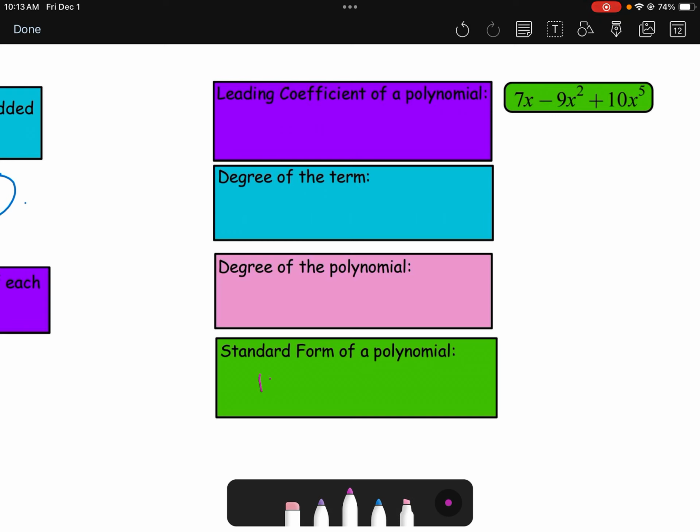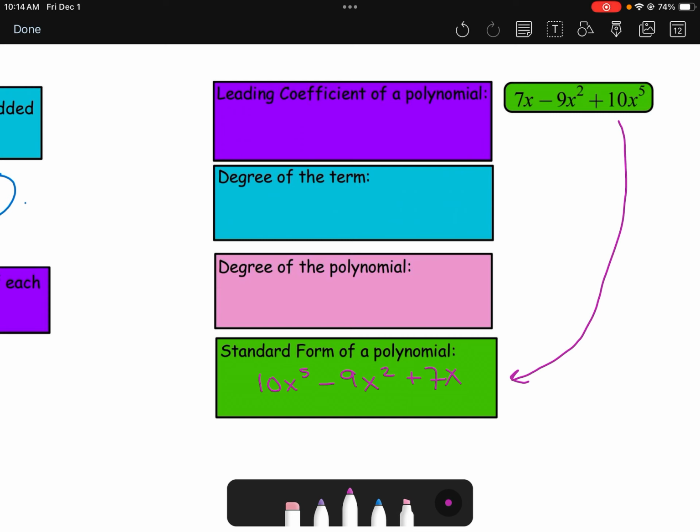So I would rewrite this as 10x to the fifth minus 9x squared plus 7x. All I did was rearrange it to put the highest exponent first, all the way down in descending order. Make sure you do that if you're answering any questions about a polynomial.